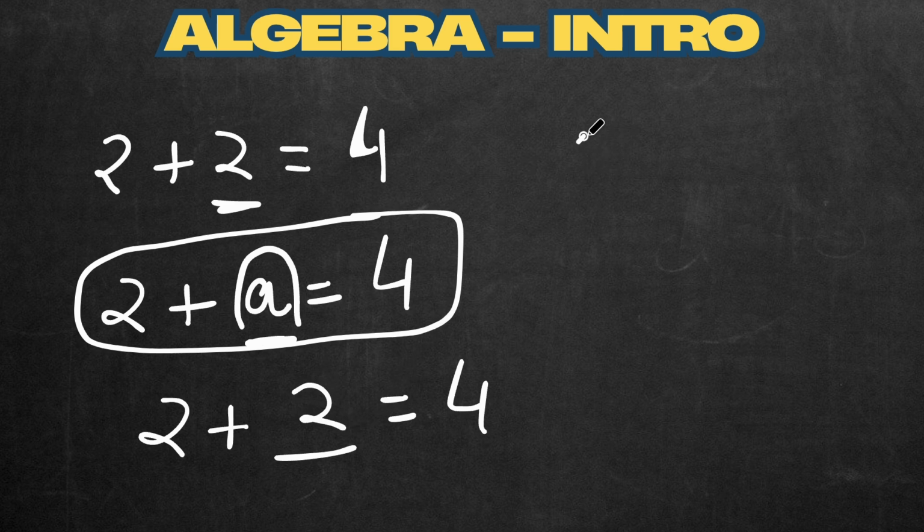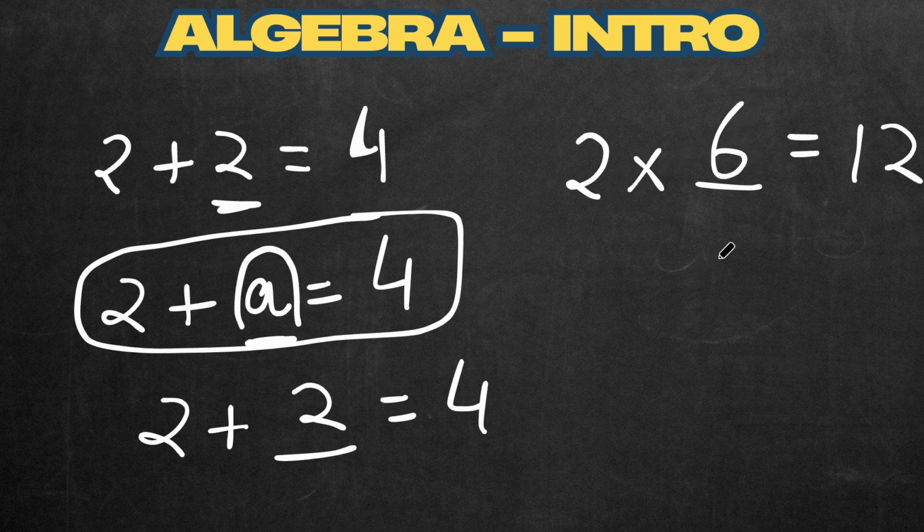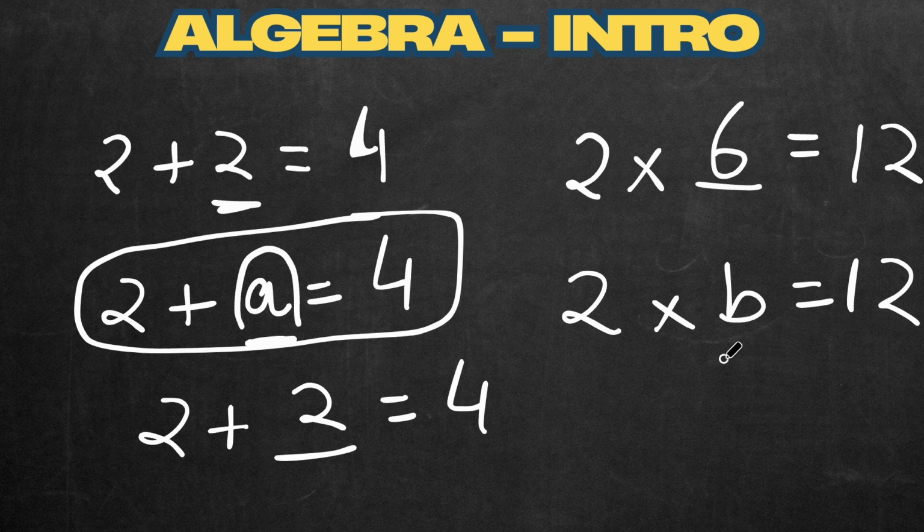Or for example, if I give you 2 times blank equals, I don't know, let's say 12, right? And if you know the table of 12, you know 2 times 6 is 12, right? But now we can also write it as 2 times b equals, let's say, 12, the same number, and we know the value of b is equal to 6.